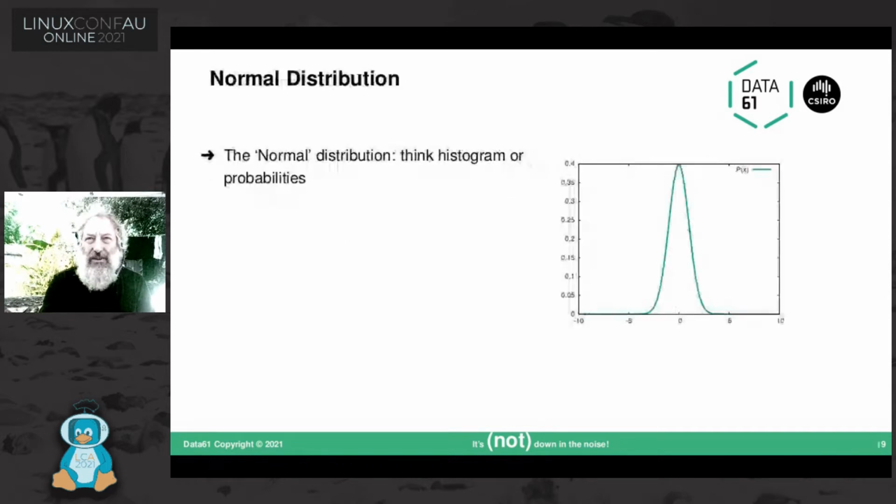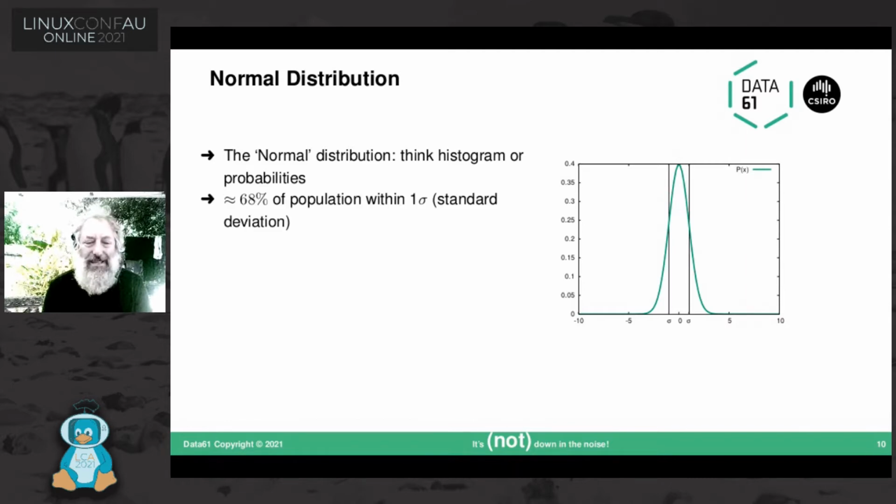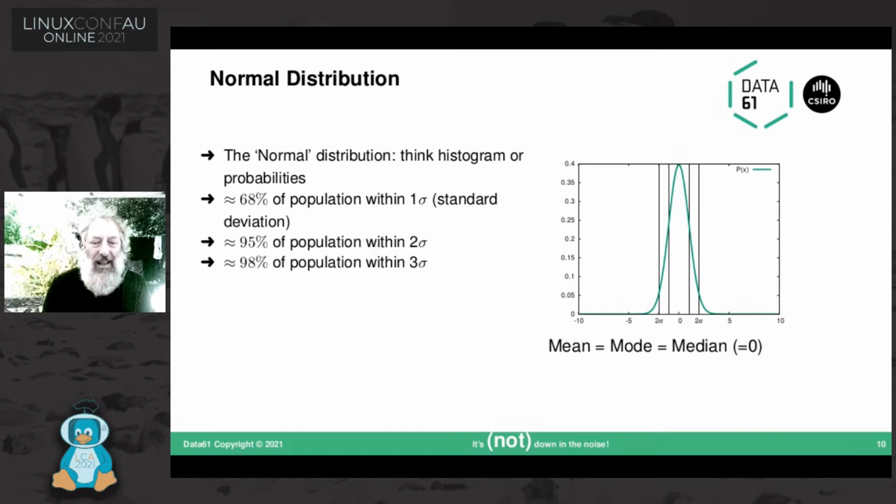If you've got a normal distribution, that is the bell curve, you can think of that in two ways. It can either be a histogram of a population, or it's the probability that the true value is within a particular range. 68% of the population that you're measuring is going to be within one standard deviation. 95% of the population is going to be within 2 standard deviations, and 98% within 3 standard deviations.